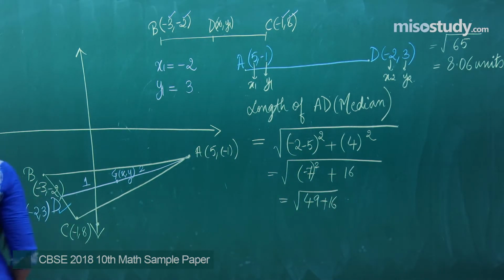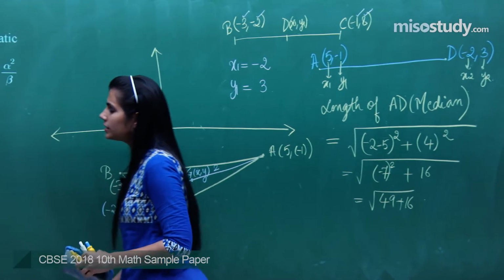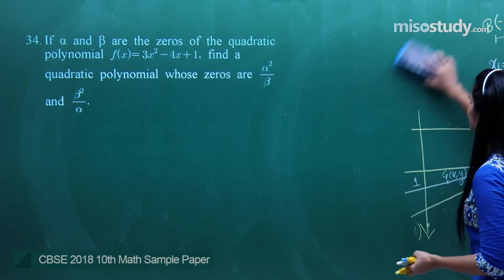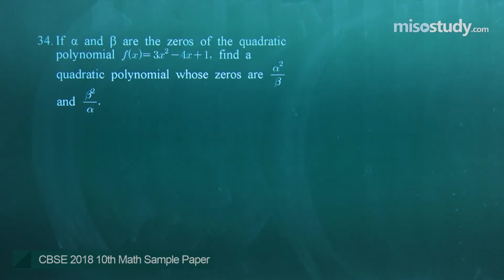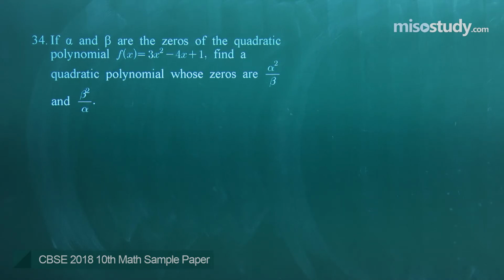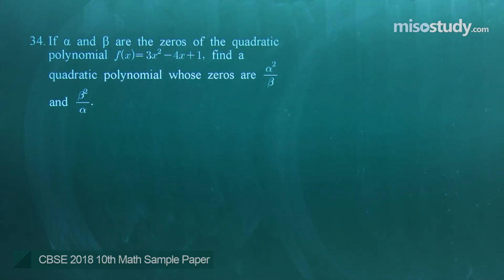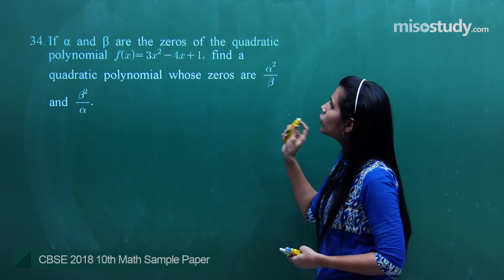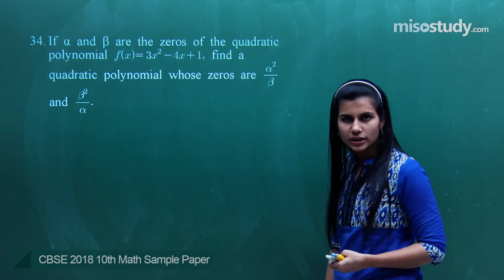Okay friends, now take a look at the very last question and try to understand and decode what it is trying to say exactly. What is the question trying to say? It is saying if alpha and beta are zeros of this quadratic polynomial.